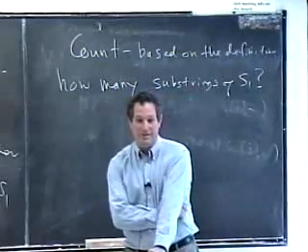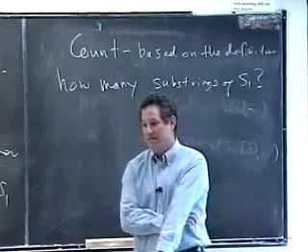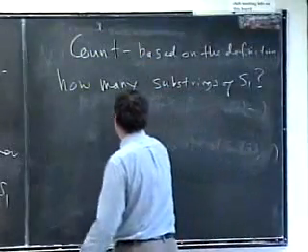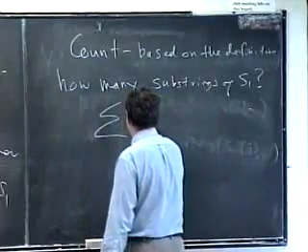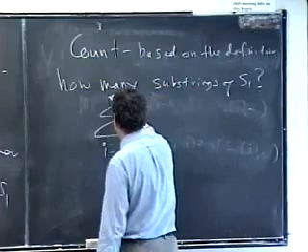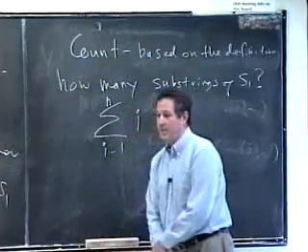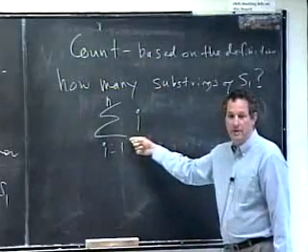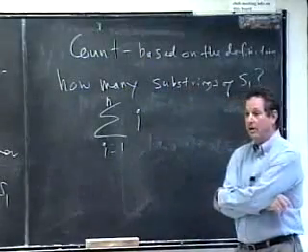How many people are tired of this? How many substrings of length i? i. Okay? So the summation, i equals 1 through n, is the number of substrings there are.